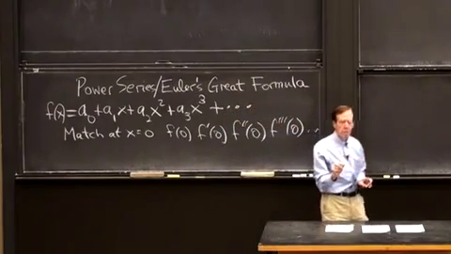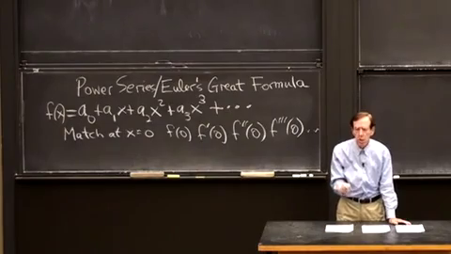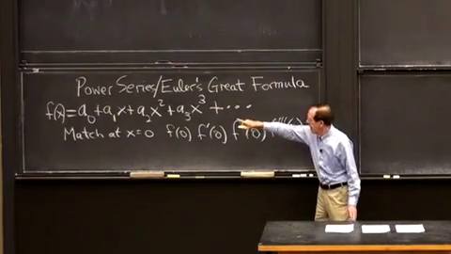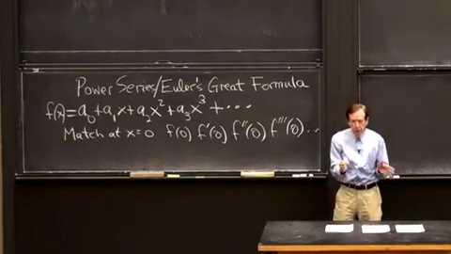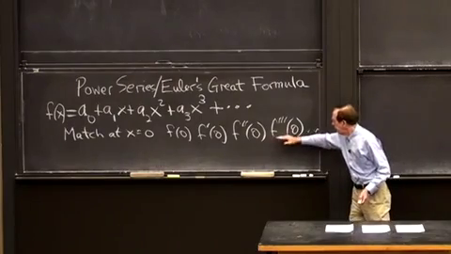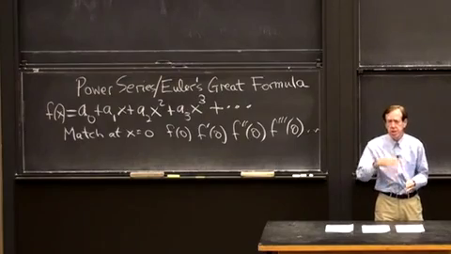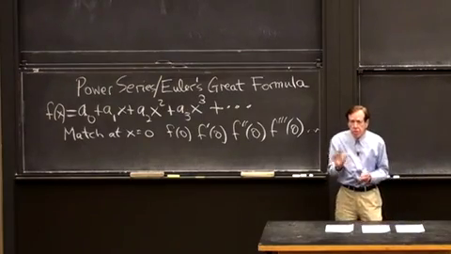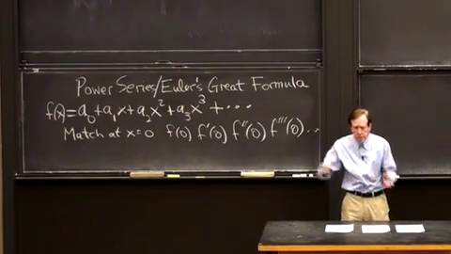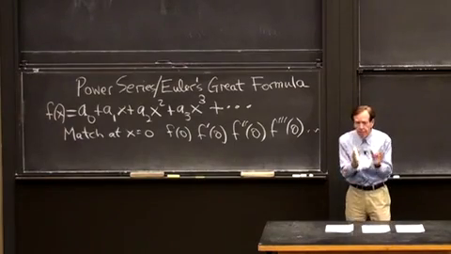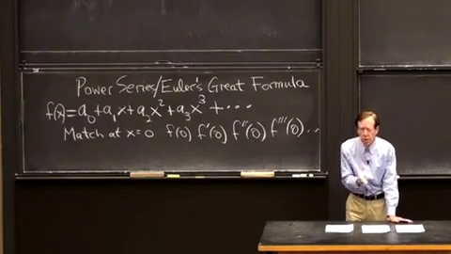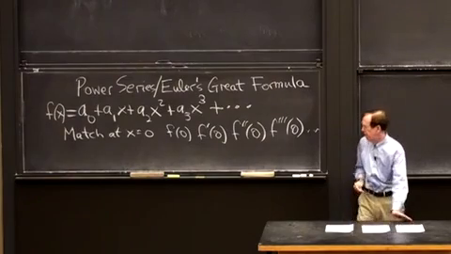Each a, like A3, will be chosen so that the right-hand side has the correct third derivative at x equals 0. So this is a Taylor series. Taylor's name is associated with series like this, and I'm focusing on everything happening at x equals 0.